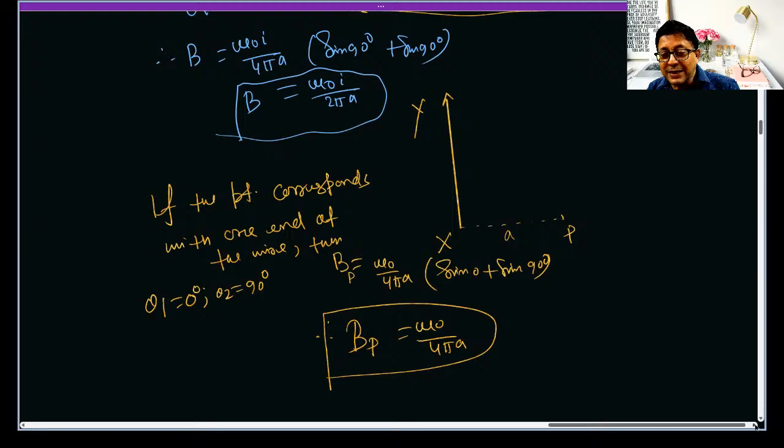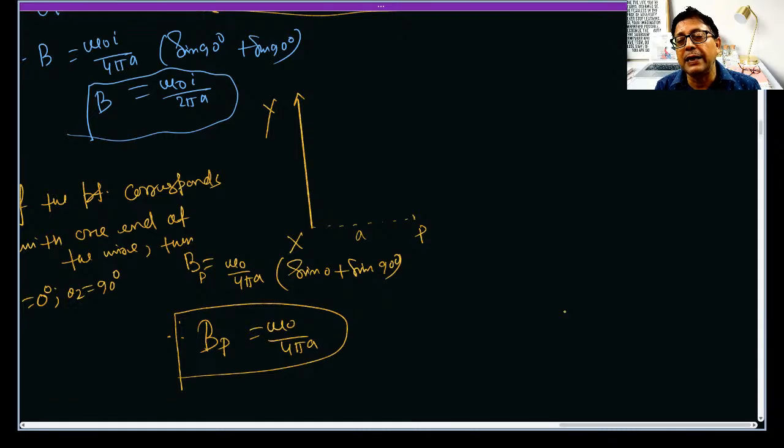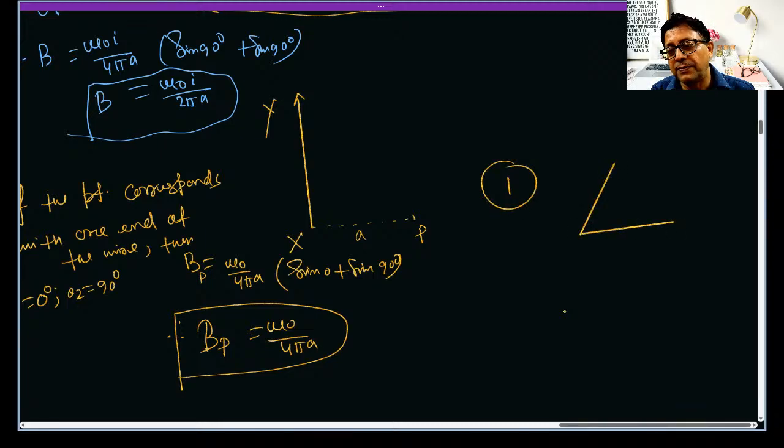One area of application, many applications will be done later, but right now you are going to find the strength of magnetic field at the center of a wire of this shape, triangular shape.